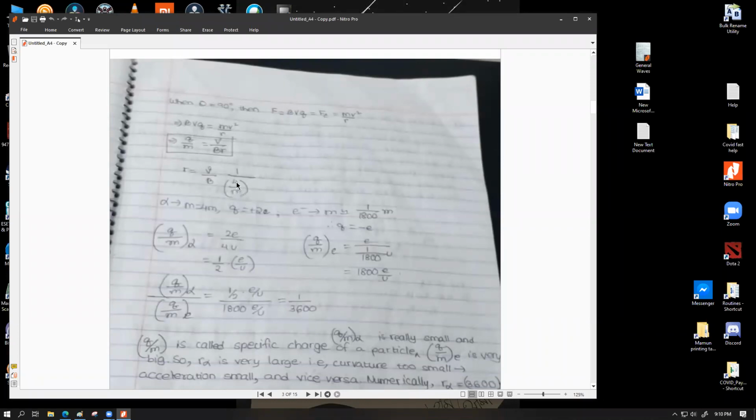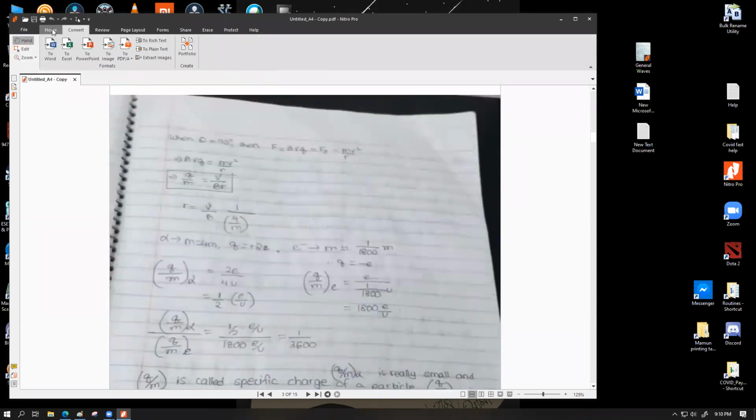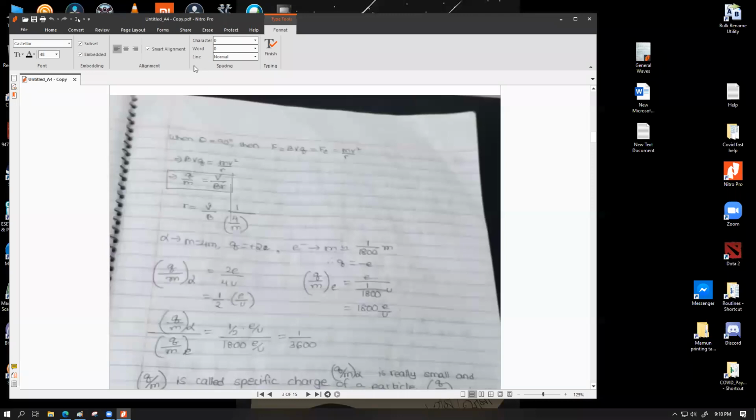So this is not 4, it will be Q. In my writing this perhaps looked like a 4, maybe I did write it wrong. It will be Q, let me edit this now. How do I make this a Q? Type text. Oh, that's a big Q. Okay. And I wanted to have some background.